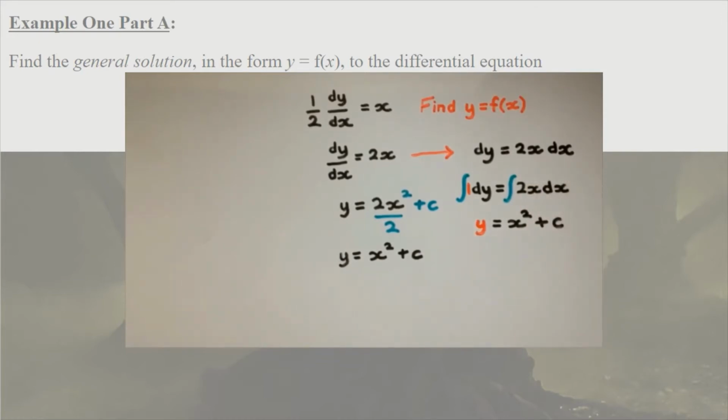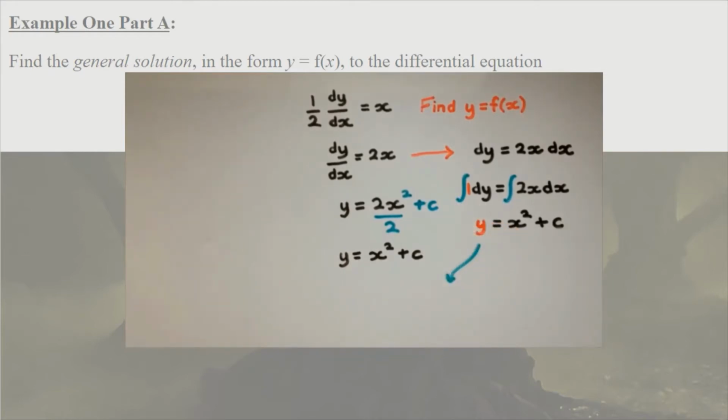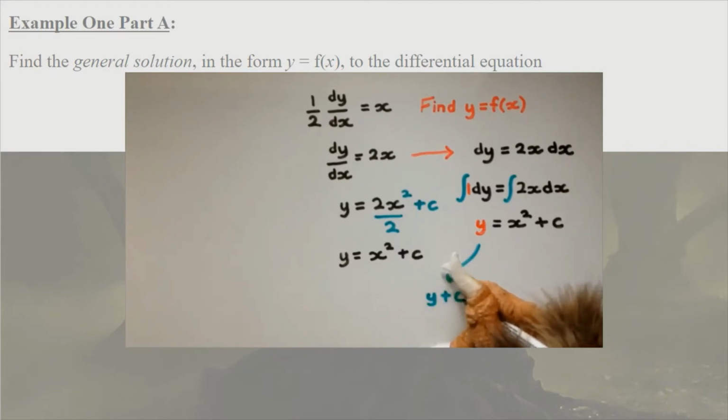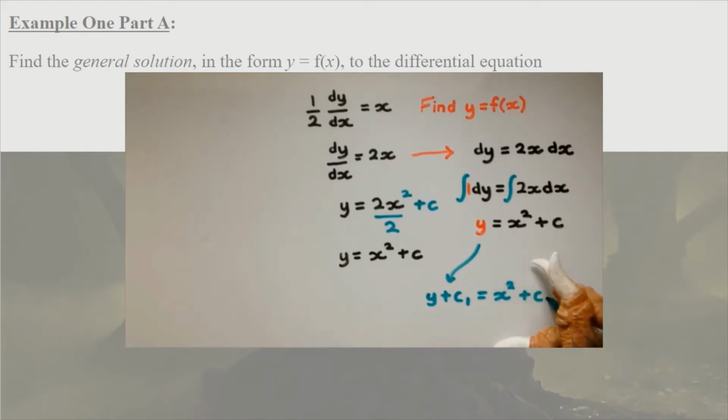Now, you might be asking, well, that's great, but why don't you add a constant on the left hand side as well? Well, the reason is really simple. Let's just suppose I did that. So if I said, okay, it should really be y plus a constant, I'll call it c1, and that's equal to x squared plus another constant c2.